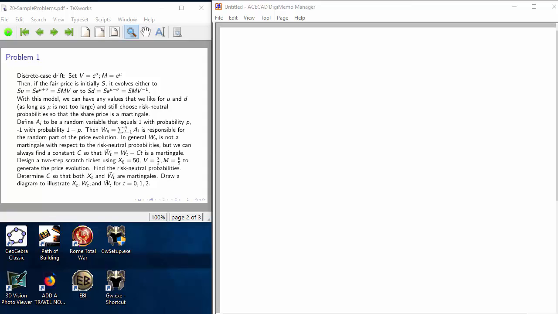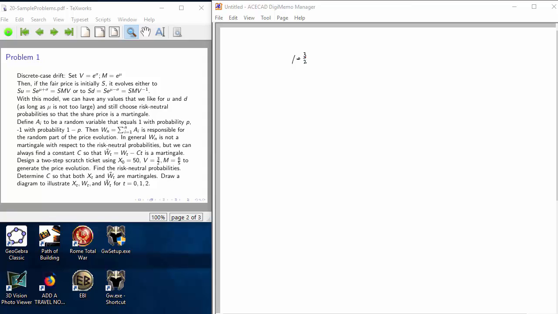So in the first problem, we're going to build a two-stage scratch ticket using the same sort of strategy that eventually will lead to the Black-Scholes equation. The way we're going to do this is by saying at one stage of this ticket, the price either gets multiplied or divided by a factor v, which in this case is going to be 3/2.